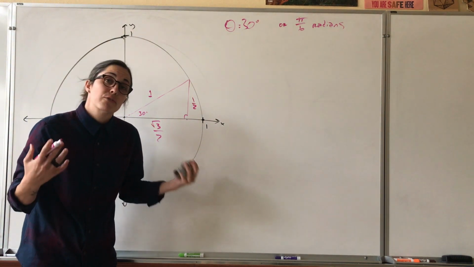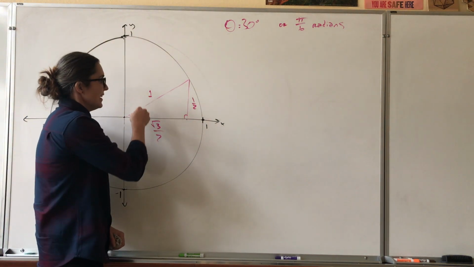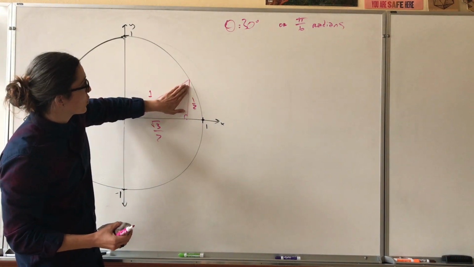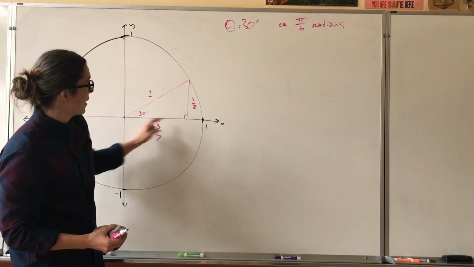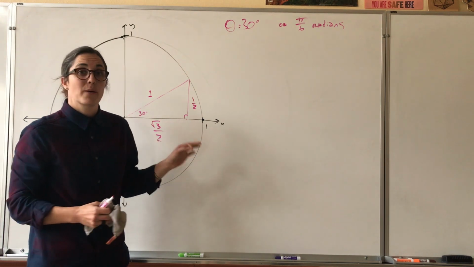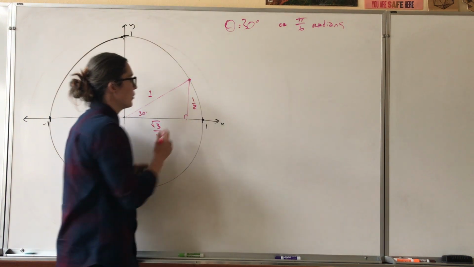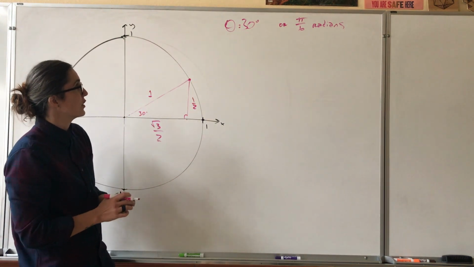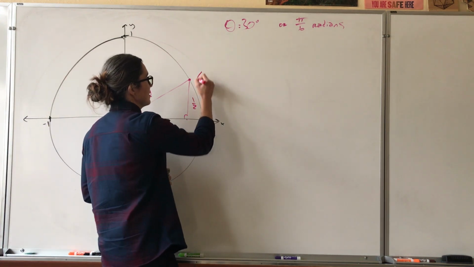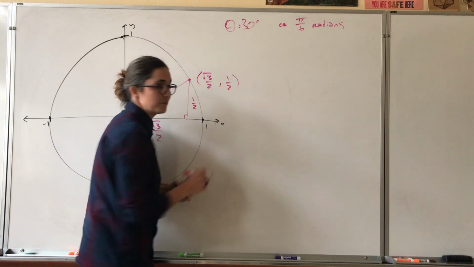You can go back and review those videos if you like, or you can take it at face value. Either way, convincing yourself if the hypotenuse is 1, the short leg is a half, and then the other leg is square root of 3 over 2, which leads us to the coordinates of this point. The coordinates of this point, the x and the y on the unit circle for 30 degrees or pi over 6 radians is, of course, root 3 over 2 and a half.